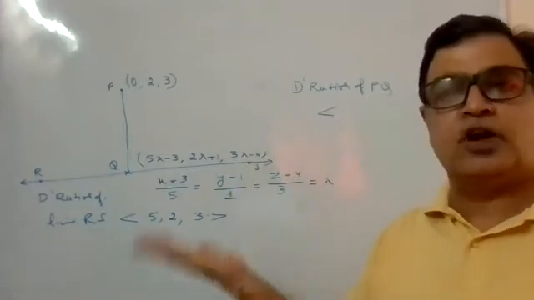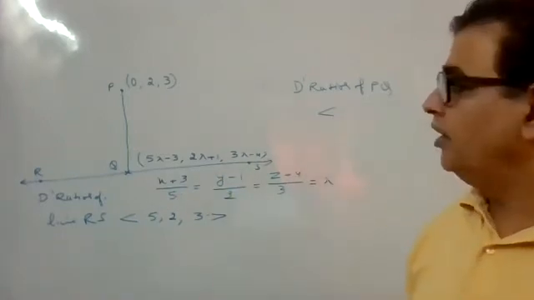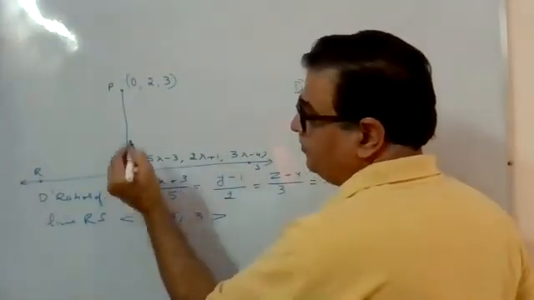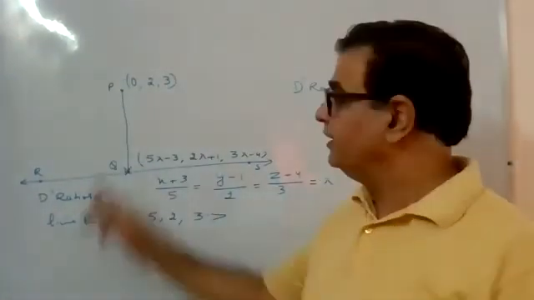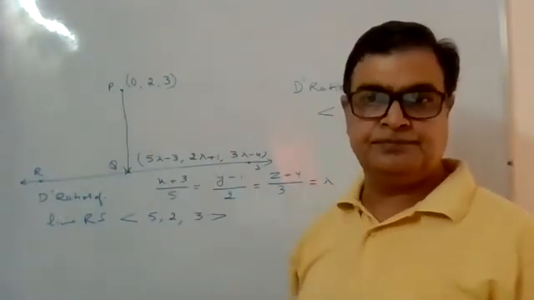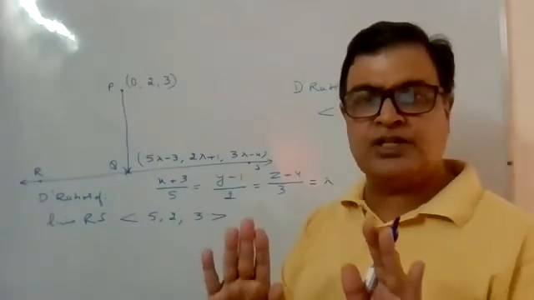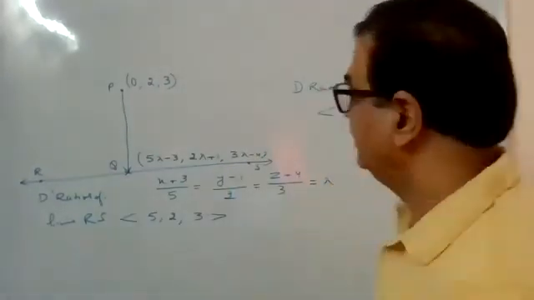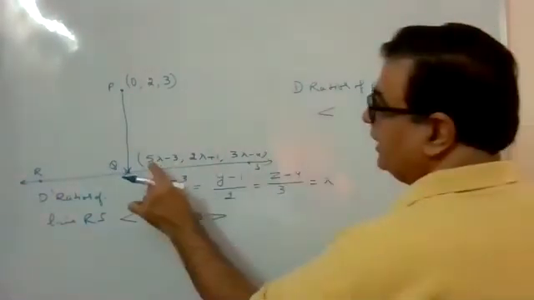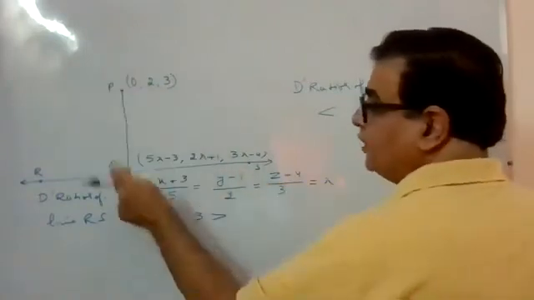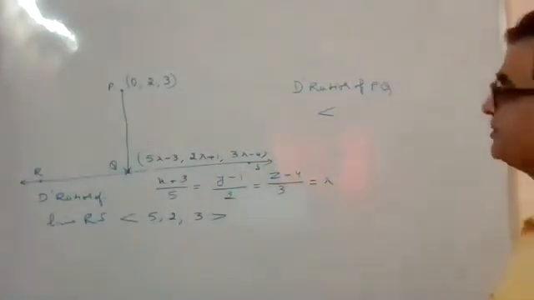Their difference always gives you direction ratios. If it doesn't come to mind, ask who will give the direction: the vector PQ will give it, meaning position of Q minus position of P. That will be the direction. So to find direction ratios, if you have 2 points, take the difference of the coordinates. Whether you take PQ or QP, that is your choice; the result comes the same.